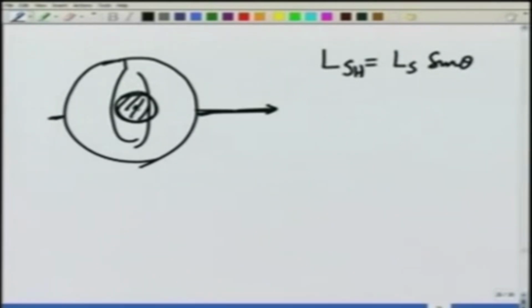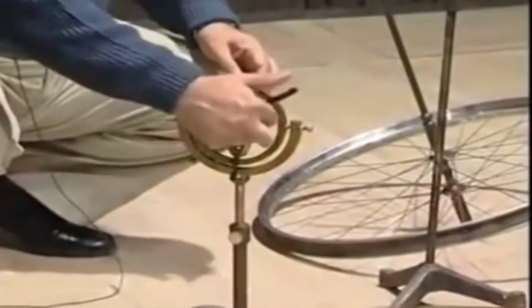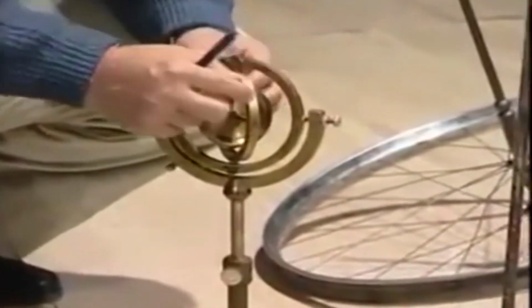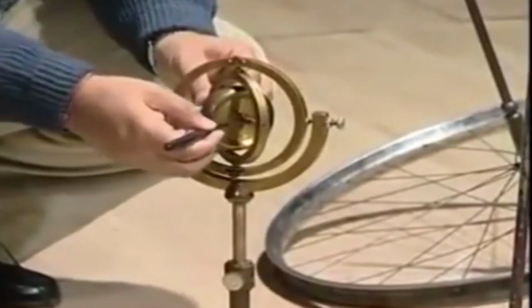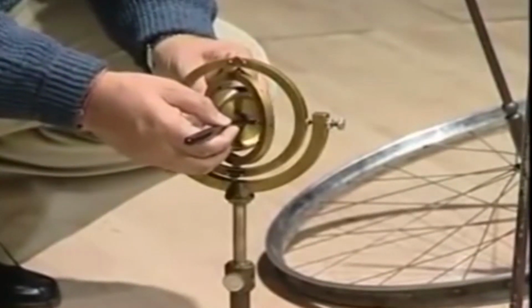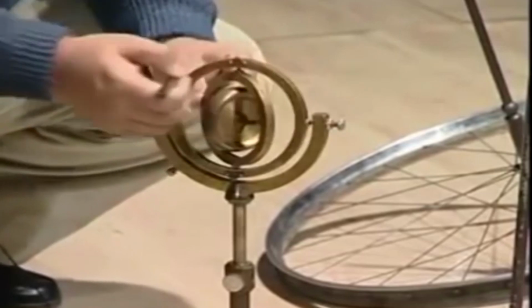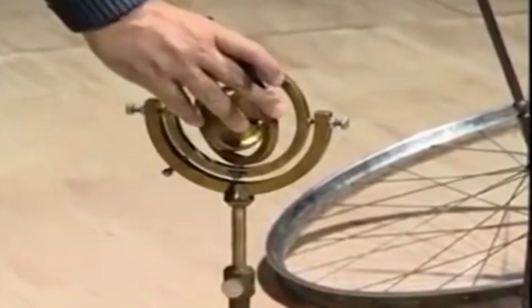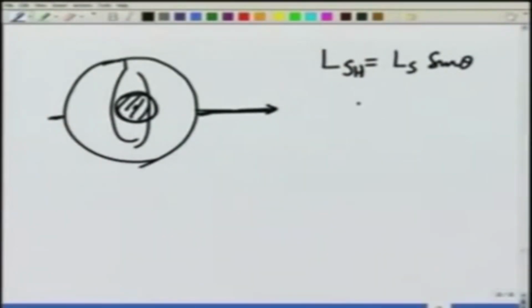I am assuming it is making an angle with this. So, what I am assuming is, here is the axis and this fellow is making an angle like this with this axis. So, the component in this direction is going to be Ls sin theta, and along the axis is going to be Ls cosine theta. Ls sin theta, if this theta is very small, is going to be roughly equal to Ls theta.